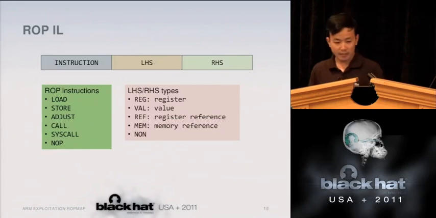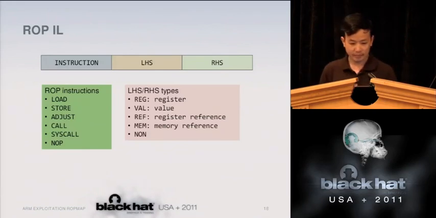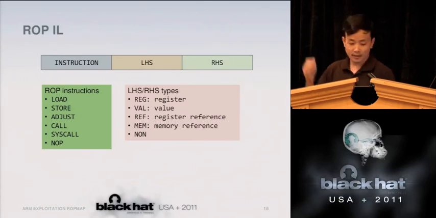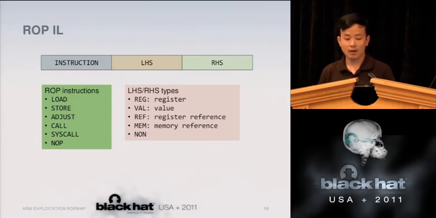So if you have something to remember from the presentation today, just remember this slide. We introduce the ROP intermediate language, which has 6 instructions. It can load, store, adjust, call, syscall, and nop, no operation.